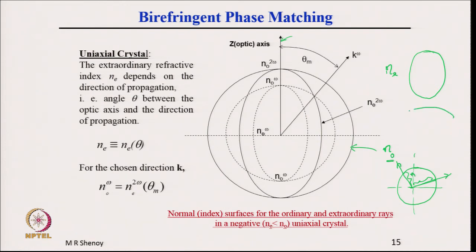Depending on the direction of propagation, the refractive index changes in the medium. If you are propagating in this direction, this will be the refractive index, and in this direction, this will be the refractive index. If it is an ellipse, obviously it means that if I call this NO, then this will be NE.